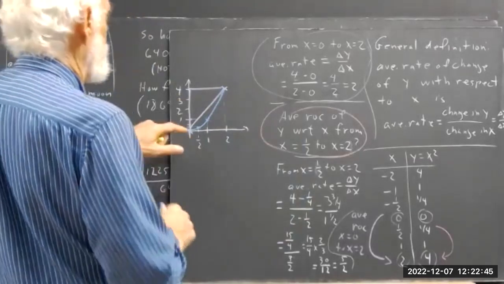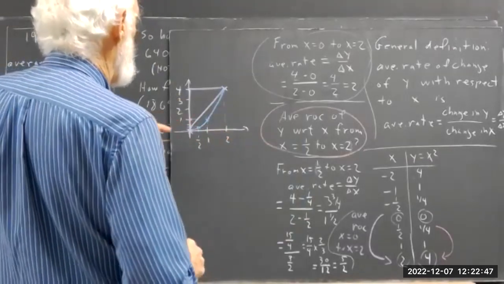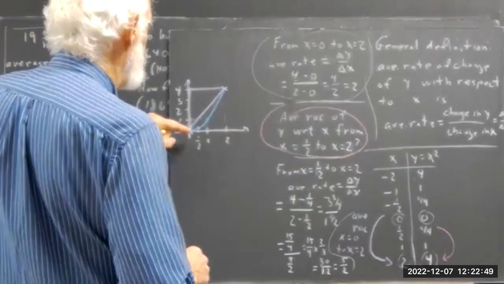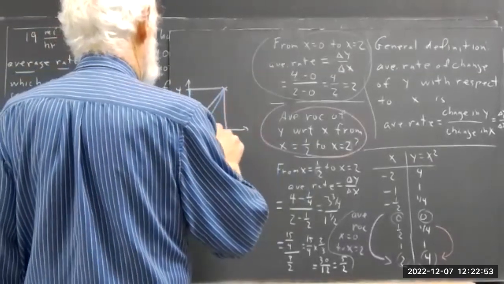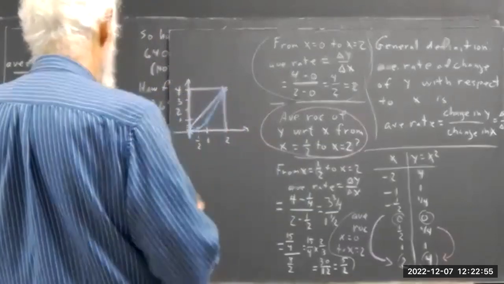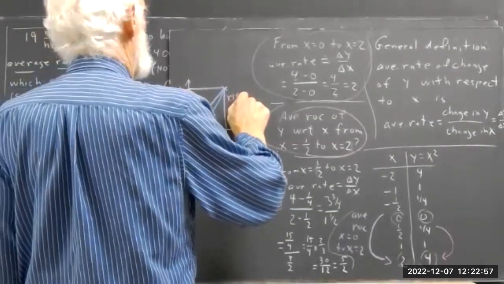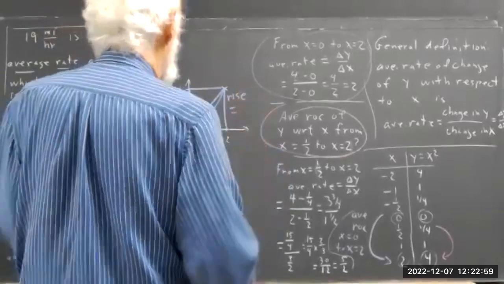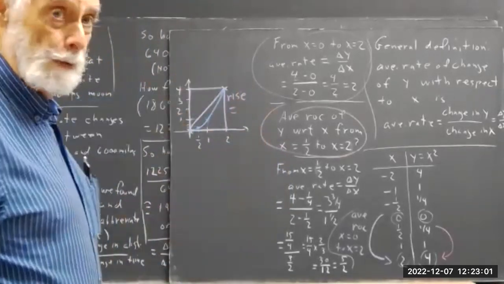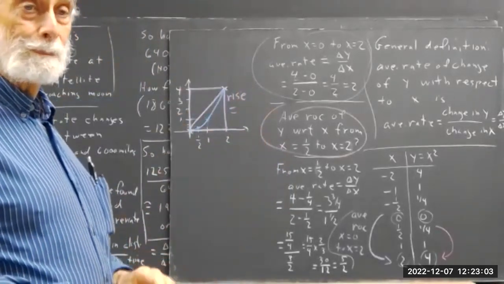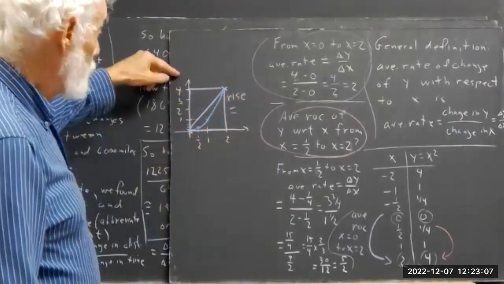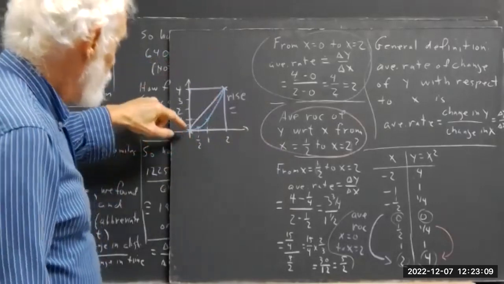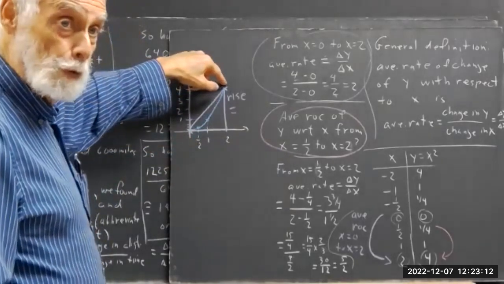If I go from here to here, my rise, I'm going to label it over here. How far do I rise as I go from here to here? How many units do I rise? 4, right? I go up 4 units. If I go from here to here, I go from y equals 0 to y equals 4.